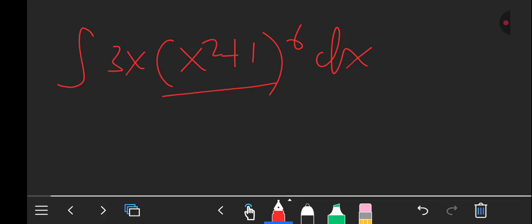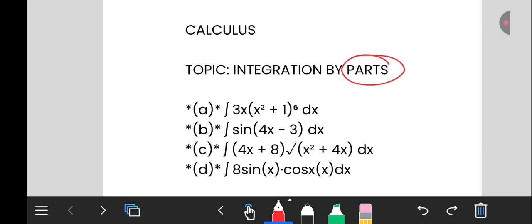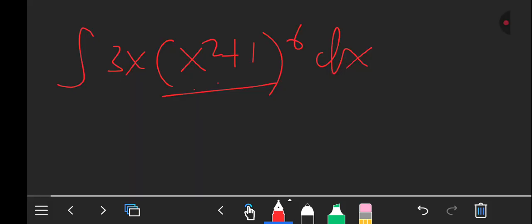So by substitution, what you are going to do is say let u be equal to that. Let's call it substitution for convenience's sake. So let's say you are told to integrate this. I'm going to say let u be equal to x squared plus 1.